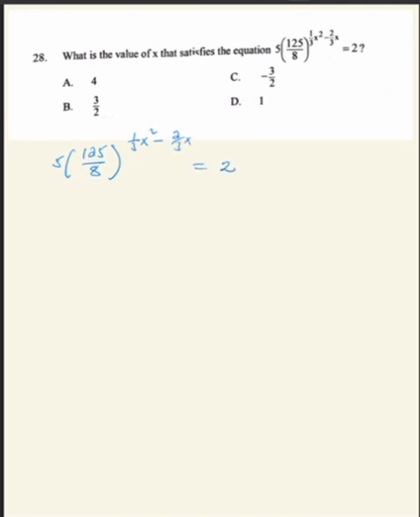Okay, now so that we have the same base, we multiply both sides by 1 over 5. What do we get? 125 over 8 to the power of 1/3 of x square minus 2/3 of x is equal to 2 over 5.